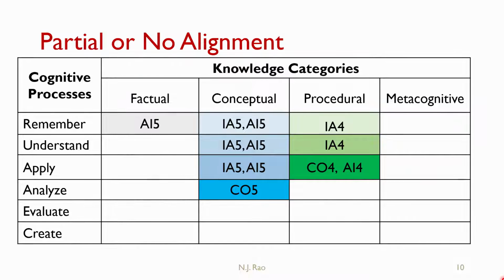Sometimes you may even take a position, yes, CO5 is what is required by the students, but I do not think I can ask questions in that area because too many of my students are likely to fail. So once the students understand this mechanism, then they will not even make an attempt to answer questions that belong to the cell 4 comma 2.